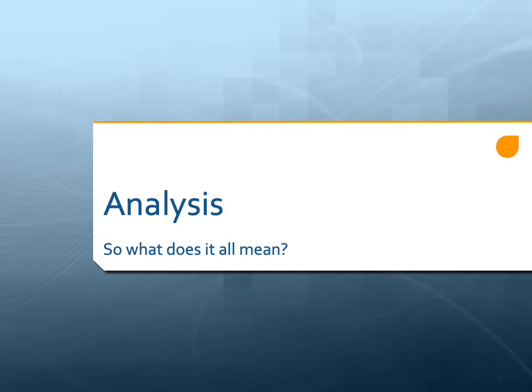So you've collected all your data, and now what? What does all the data actually mean? And this is where it becomes so critical in the whole process, because there is not only the analysis of all the data, but the interpretation of it.